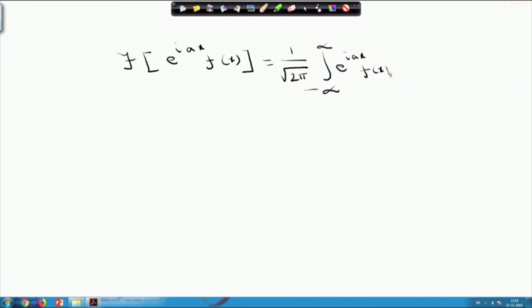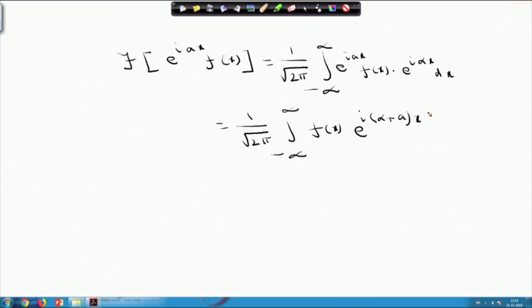This is the value of the integral of f(x) times e^(iαx) dx. I can write this as 1 by root 2π, integral from minus infinity to infinity of f(x) into these two terms. If I add the e power terms, it will be e^(i(α+a)x) dx.